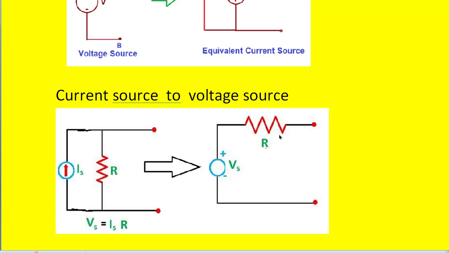Then its internal resistance, the voltage source equivalent resistance, is R, which is this R we keep here in series with this voltage source.